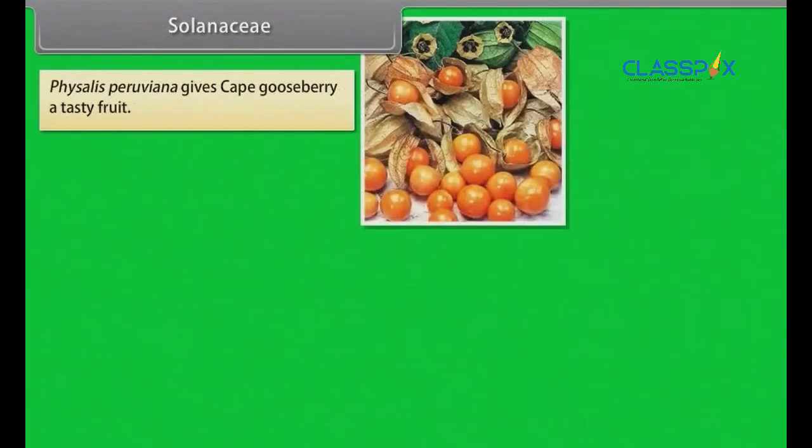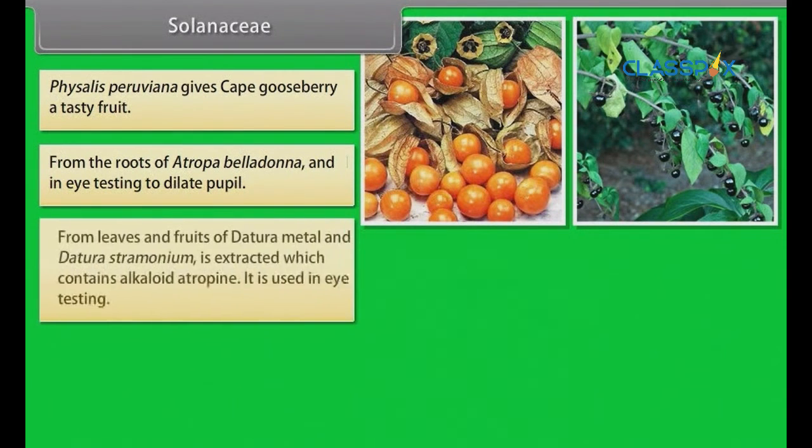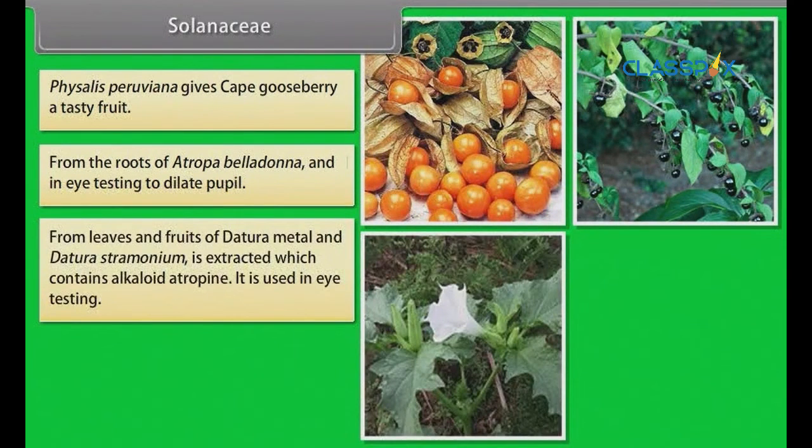Physalis peruviana gives Cape gooseberry, a tasty fruit. From the roots of Atropa belladonna, atropine is obtained, used in eye testing to dilate the pupil. From leaves and fruits of Datura metel and Datura stramonium, alkaloid atropine is extracted. It is used in eye testing.